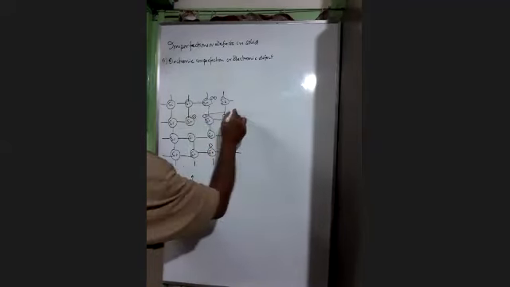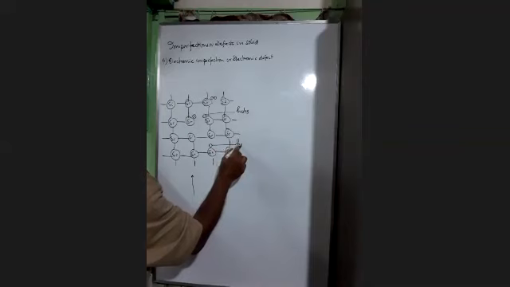Now, say this bond is broken. Then this electron can go here. So what is happening? See here, electrons are moving in these directions. When the electrons are going in this direction, you will find empty places there.